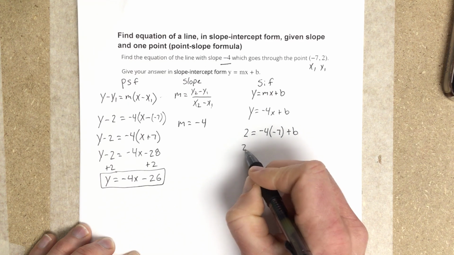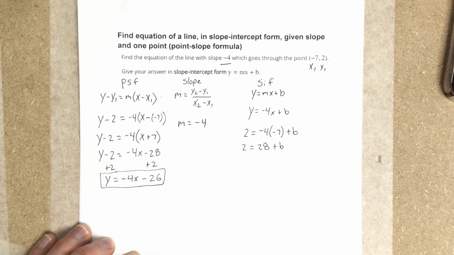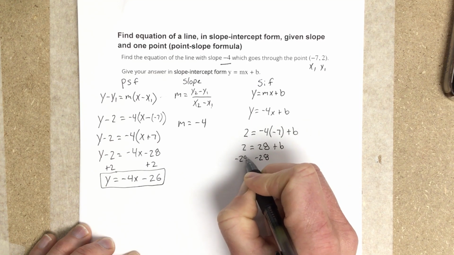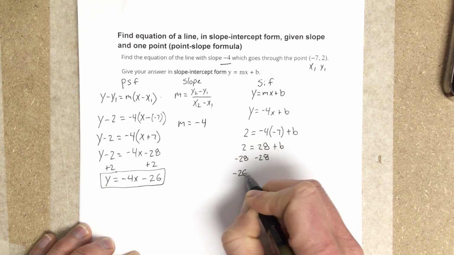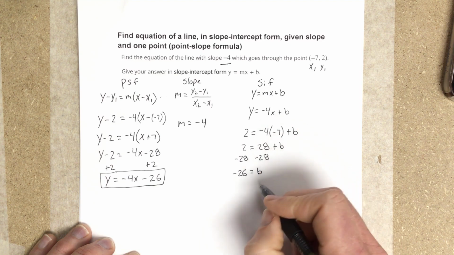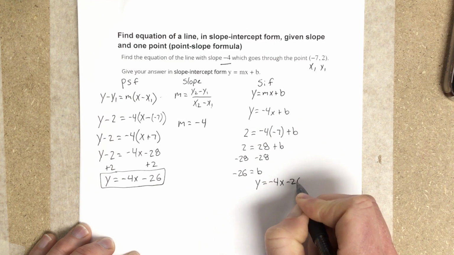So I end up with 2 equals 28 plus b. Subtract 28 on each side. Get -26 is b. And now that I have the b value, I can substitute that back in the equation. And you can see we end up in the exact same spot.